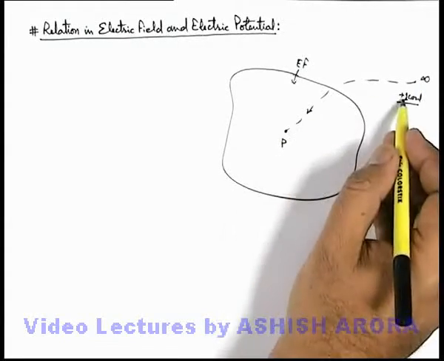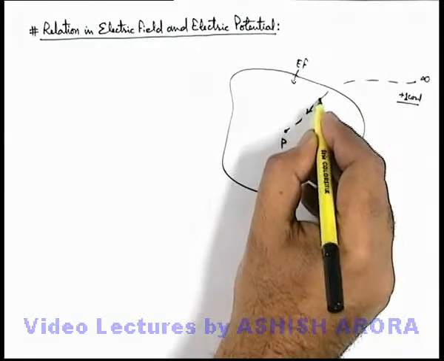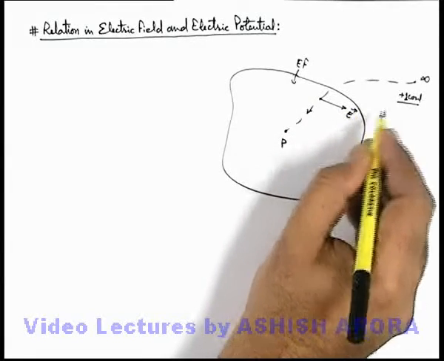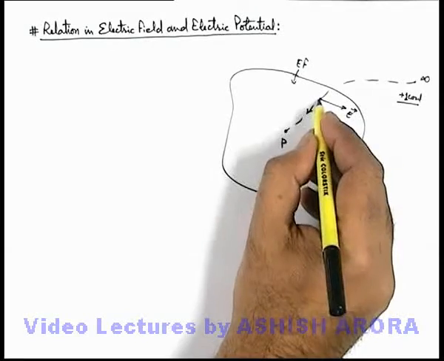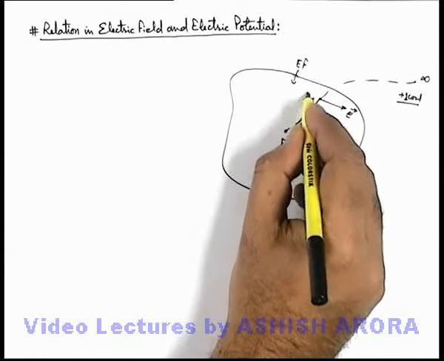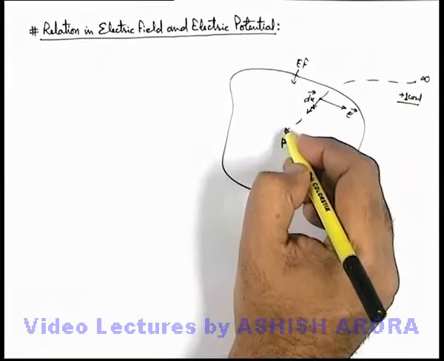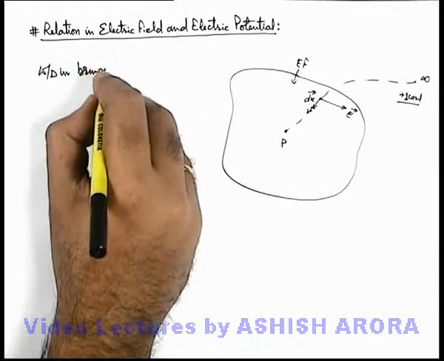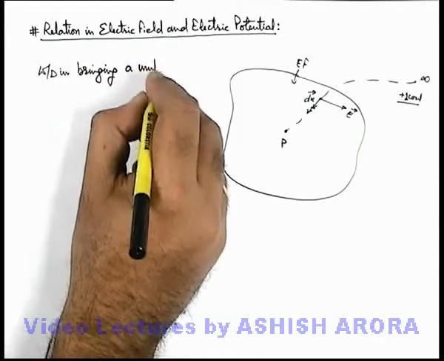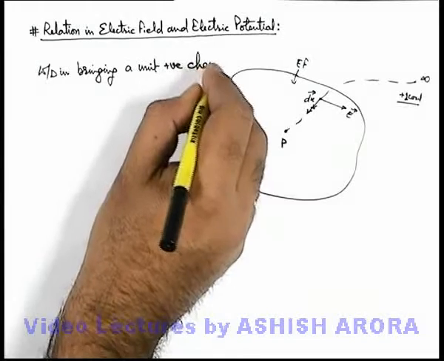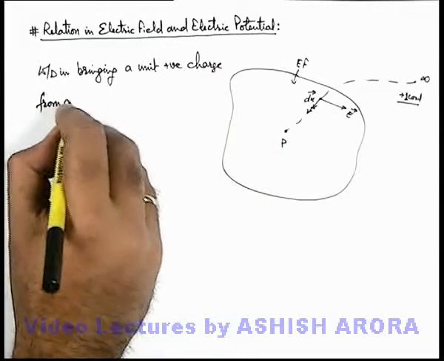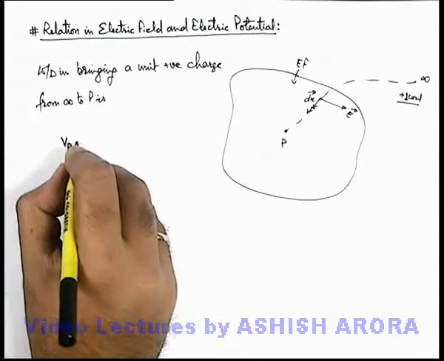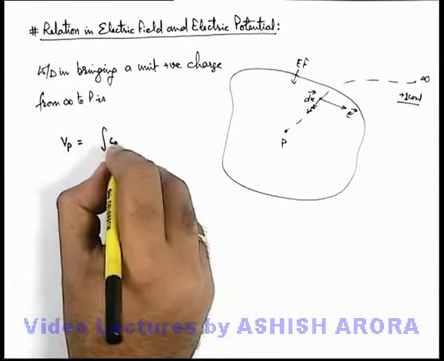So if we bring the unit charge from infinity, then at any point in the region where the electric field is E vector, this will be the force experienced by the unit positive charge. If it is displaced by a distance dx in bringing it towards point P, then the work done in bringing a unit positive charge from infinity to P is defined as the potential at point P, which is written as integration of E dot dx.